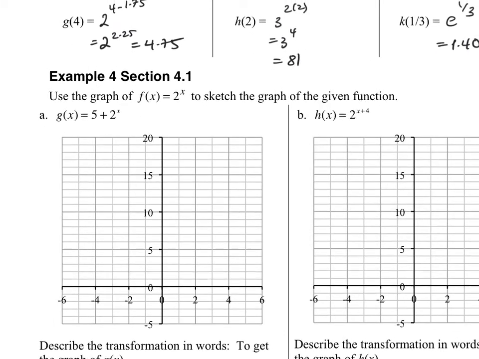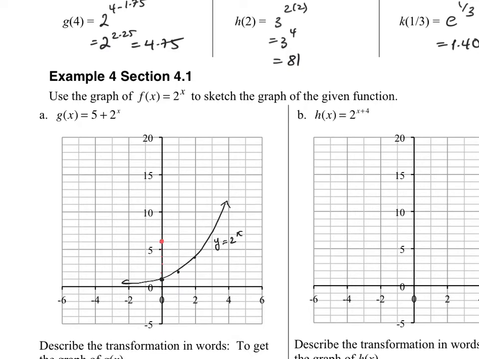So therefore, 2 to the x, remember this is 1, 2 to the 1 is 2, 2 squared is 4. So therefore, this is the graph of 2 to the x. Okay, so this is y equals 2 to the x. So if you want to move 5 units up, then you go 1, 2, 3, 4, 5.